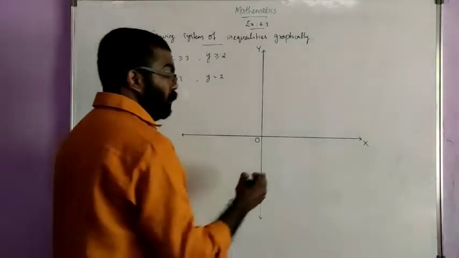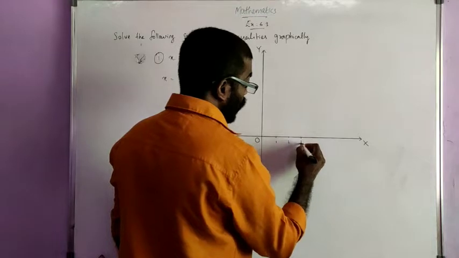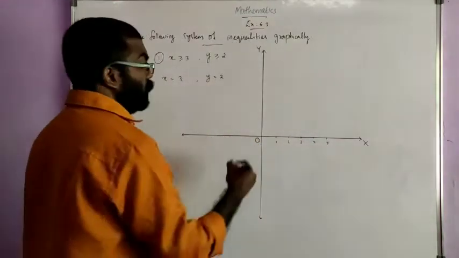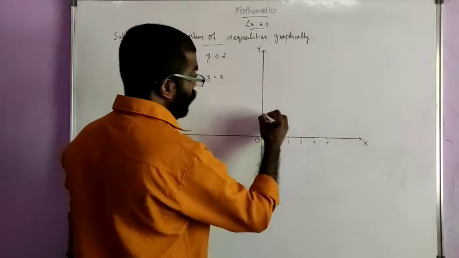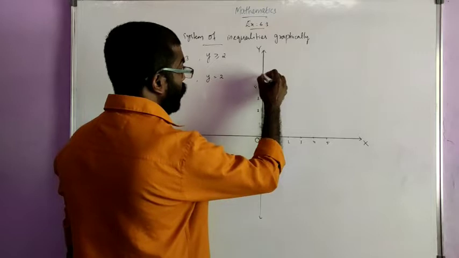Now we can mark the numbers 1, 2, 3, 4, 5, etc. and on the y axis 1, 2, 3, 4, 5 and so on.